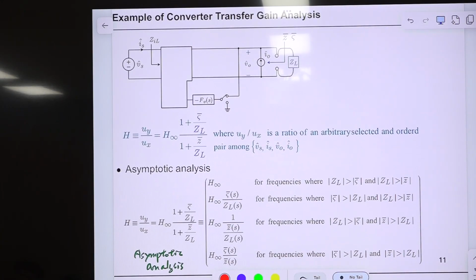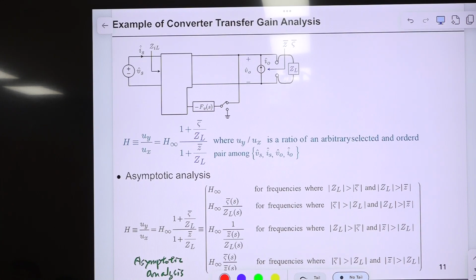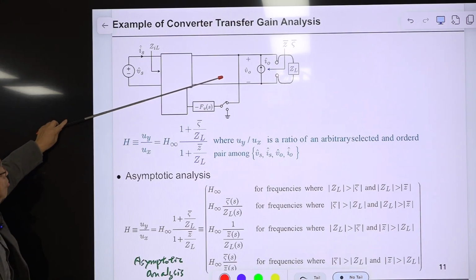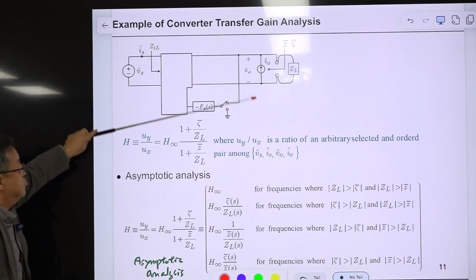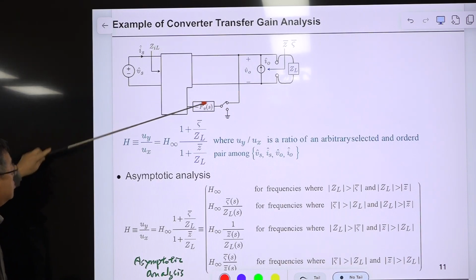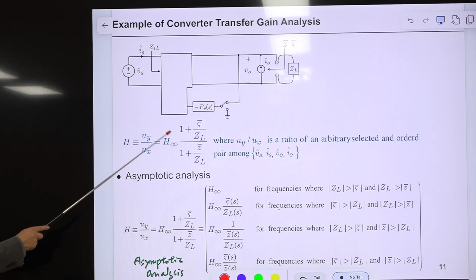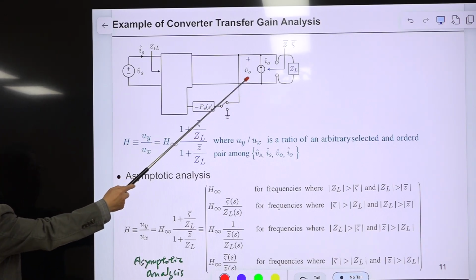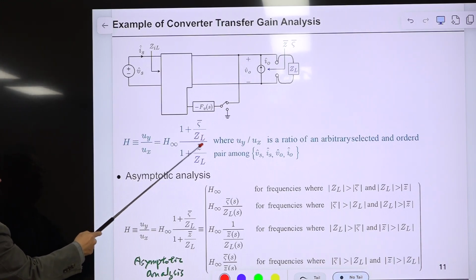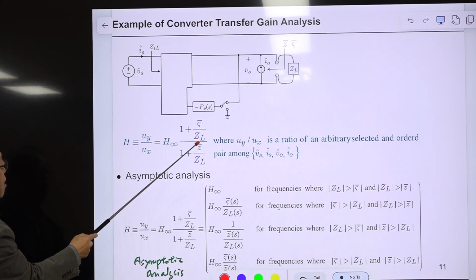Okay, let me explain another example. All right, this is again the load coupled converter. First we analyzed using the uncoupled converter, so we know H infinity, and the GL is coming later, so we assume this is unknown and treat this as the extra element.